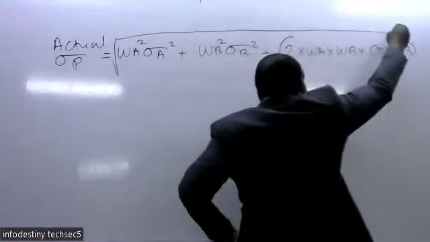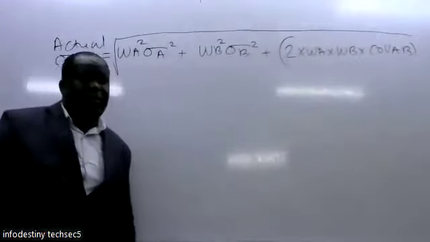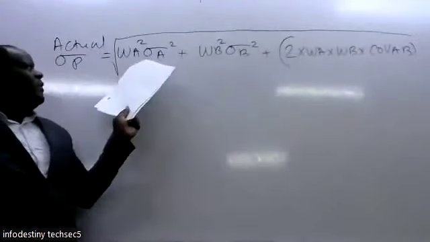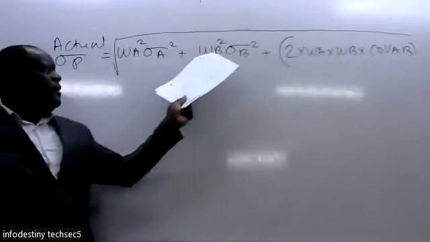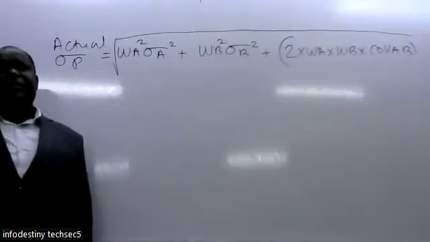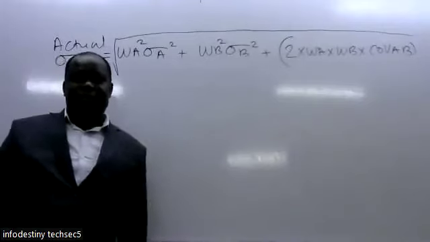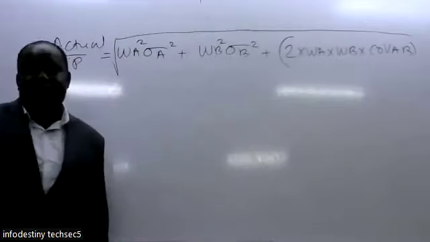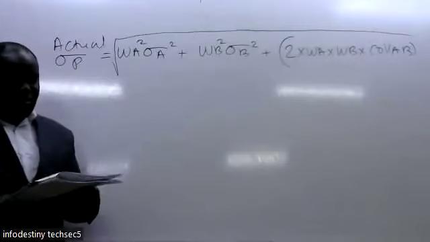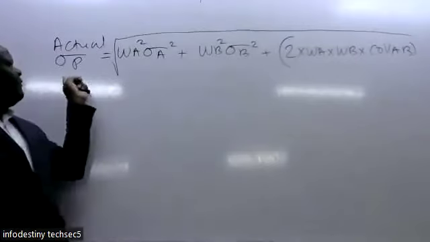They want you to calculate the weight for A and the weight for B, so there are two unknowns. Then they have said that in order to attain zero portfolio risk, this figure is zero.